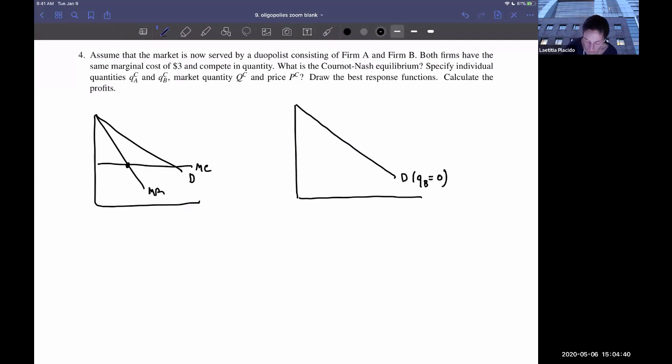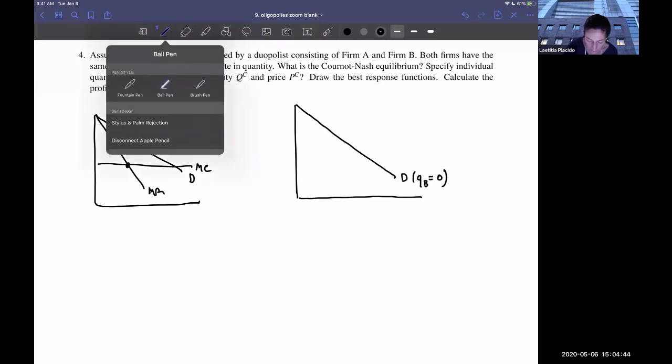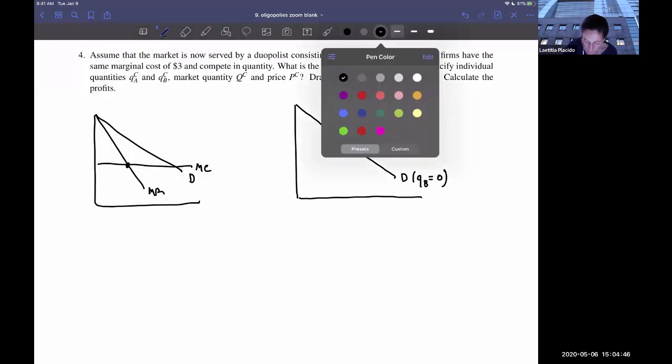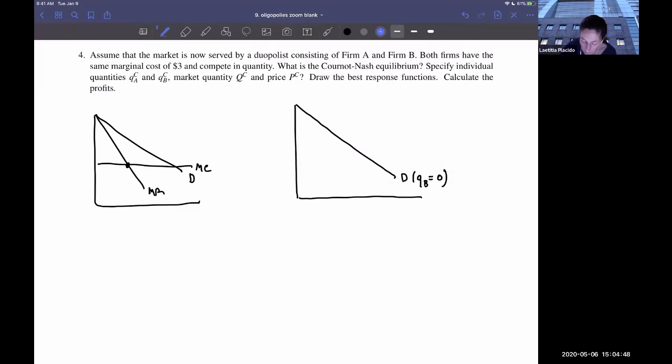Well, if firm B is producing some positive quantity QB, I'm going to change the color here. Then I'm going to face what we call a residual demand curve. Let's say that's the demand curve when firm B produces like 25 units.